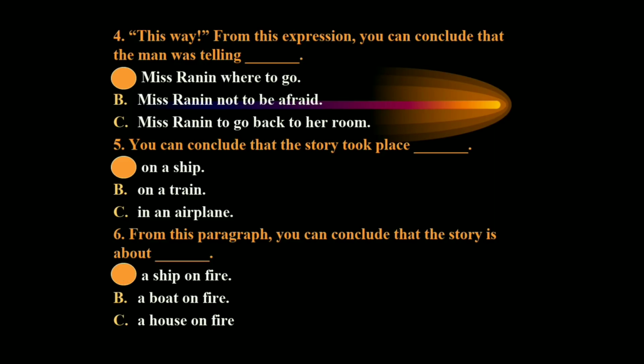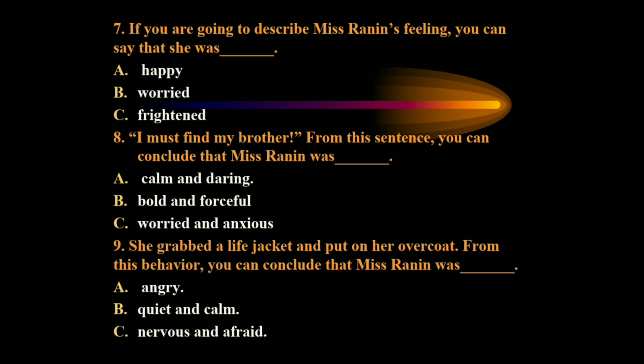It's a ship on fire. Okay, for number 7, if you're going to describe Miss Renine's feeling, you can say that she was A, happy, B, worried, or C, frightened. When she saw the smoke, what do you think does she feel? Yes, so the correct answer is letter C, frightened.